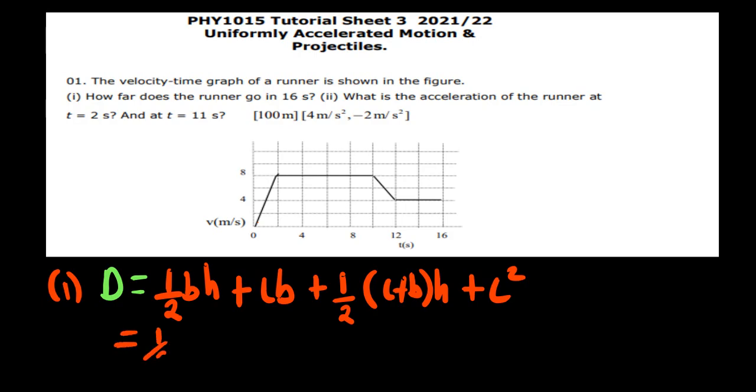So half, our base for this triangle is from 0 to 2, right? Multiplied by 2, and our height is 8. Plus we've got now our rectangle.